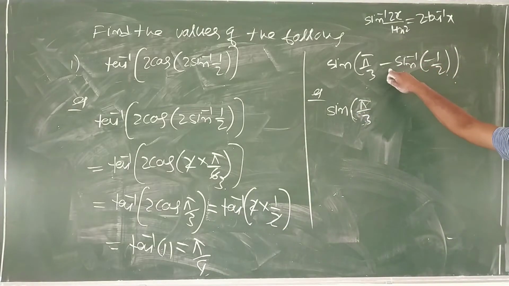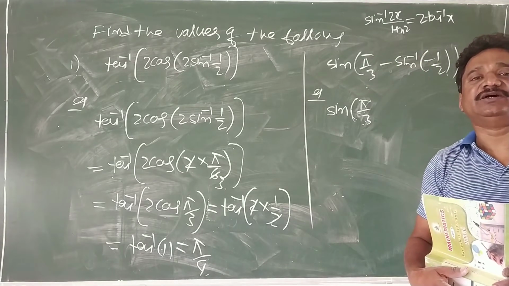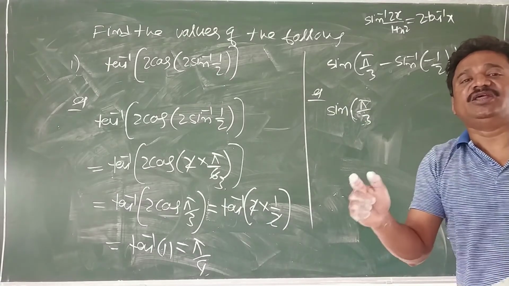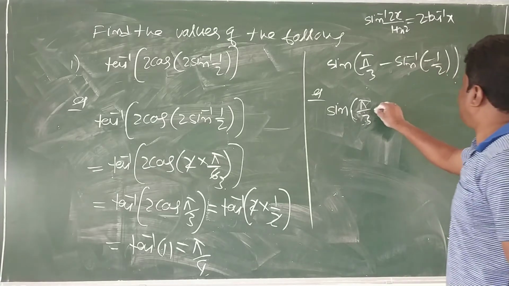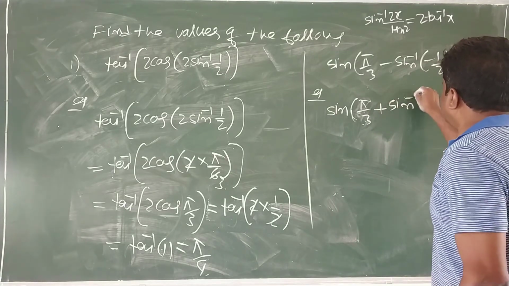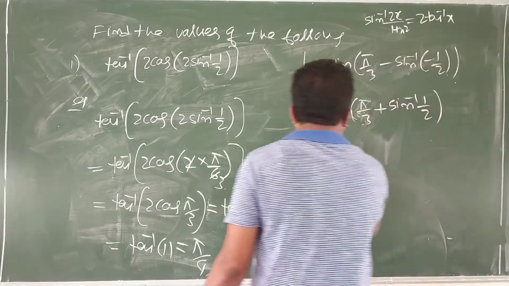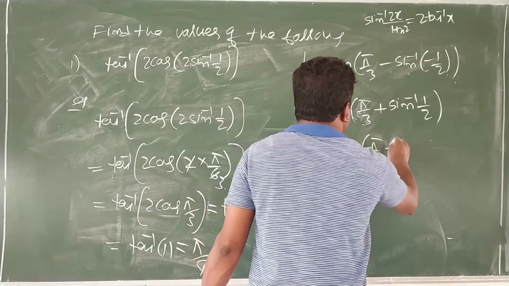Minus into minus is plus. What is sine inverse minus x? Minus sine inverse x. We use pi minus only in cos inverse, cot inverse, secant inverse. Keep that in mind. Here minus into minus is plus sine inverse 1 by 2. So sine of pi by 3 plus sine inverse 1 by 2.